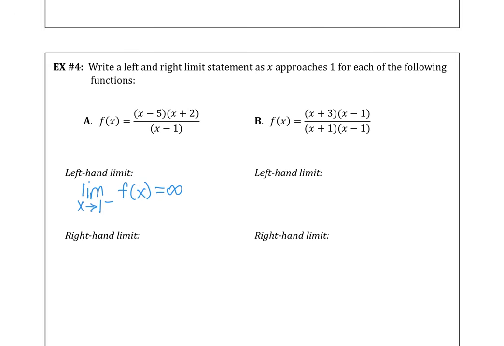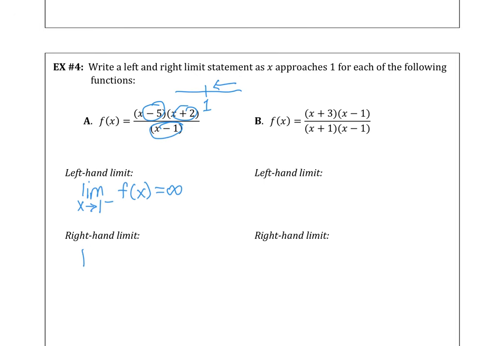In that same idea, as you approach 1 from the right, what would happen? So from the right, we've got bigger numbers than 1. It's still a negative and a positive, and this is bigger than 1, so this is going to be a positive. So a negative divided by a positive is a negative.